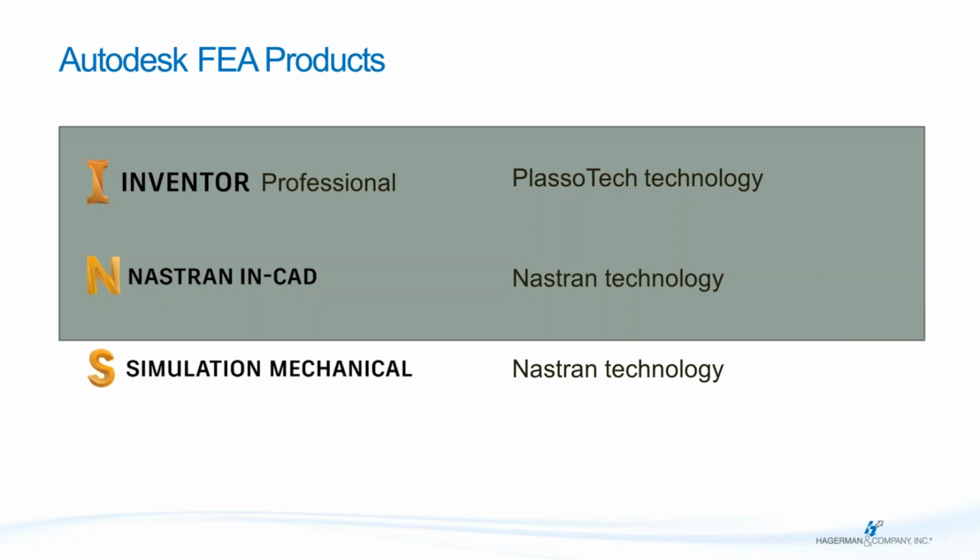But the easiest way to explain it is if you are a SolidWorks user or an Inventor user, 90% of anybody that falls into those two products from a CAD perspective that wants to do any kind of FEA analysis will find Nastran In-CAD to be a great tool. If you're doing some of those pressure vessel special type analyses and you don't use SolidWorks or Inventor, then Sim Mechanical could be a good solution for you.